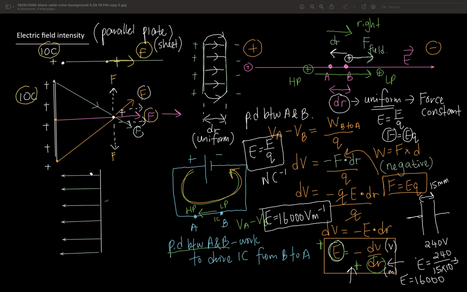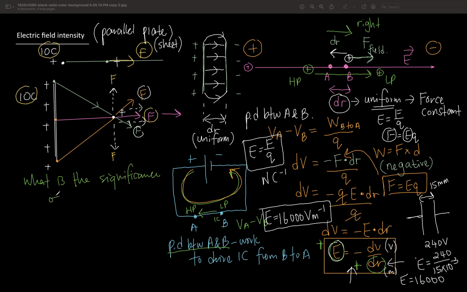Okay, why do you want to know this? Because sometimes you will be asked, what is the significance of the negative sign in the equation? How do you answer this one?